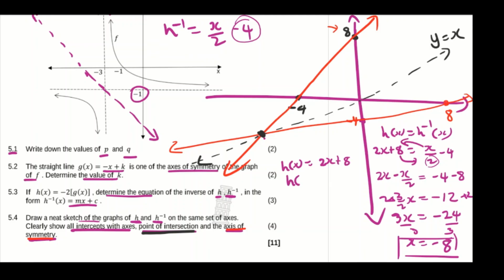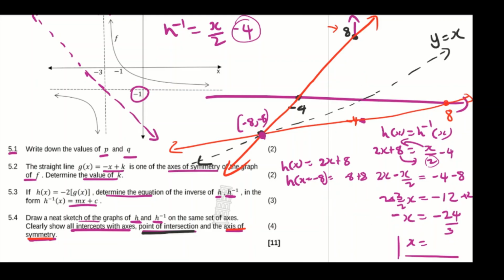So it's going to be h of minus 8 is equal to 2 into minus 8 plus 8. So it's going to be minus 16 plus 8, which is equal to minus 8. So our x and y are minus 8. So meaning here our coordinate is minus 8 and minus 8, right? So those are the coordinates of the intersection. So yeah, that's how we do this one.